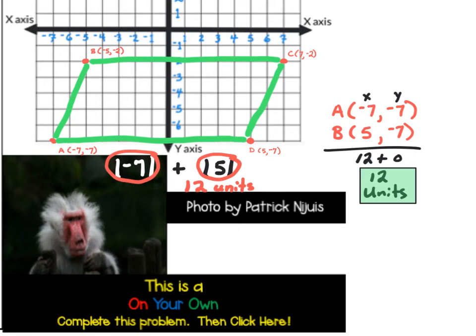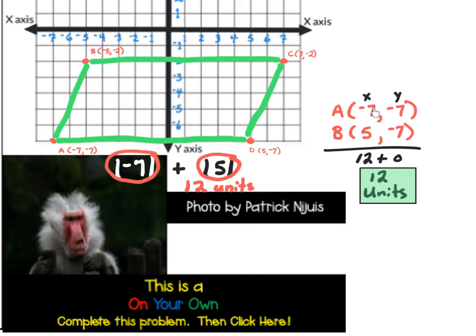And that's how far both these points are from 0 on the X column, either in the negative or in the positive, okay? And this Y column is just how far we are down in the negative. And they're both on -7. So there's absolutely no difference between -7 and -7. That's why that's a 0.